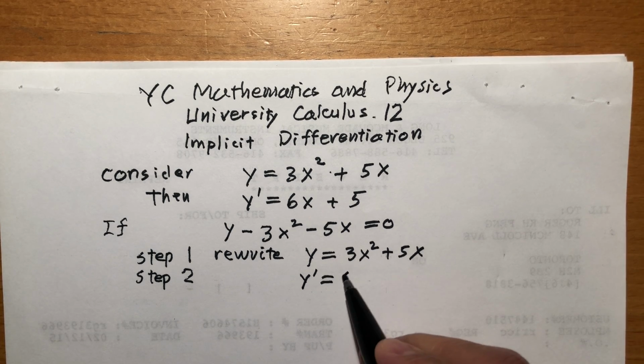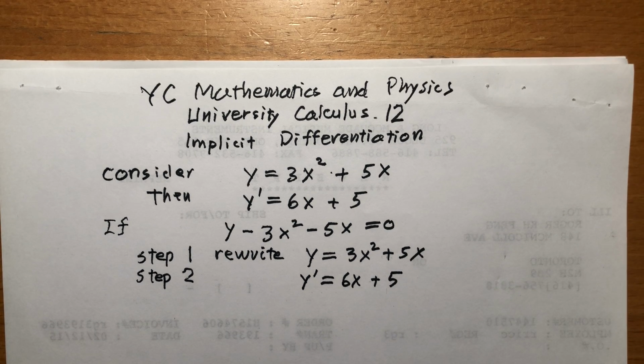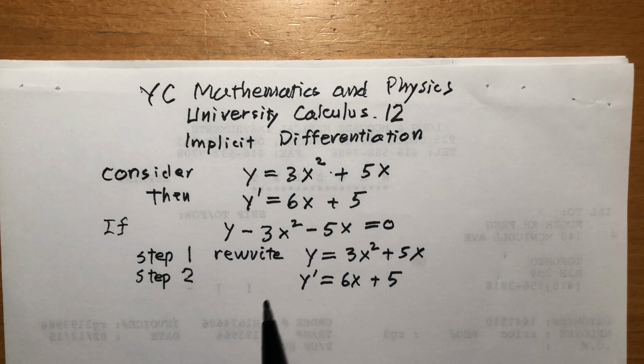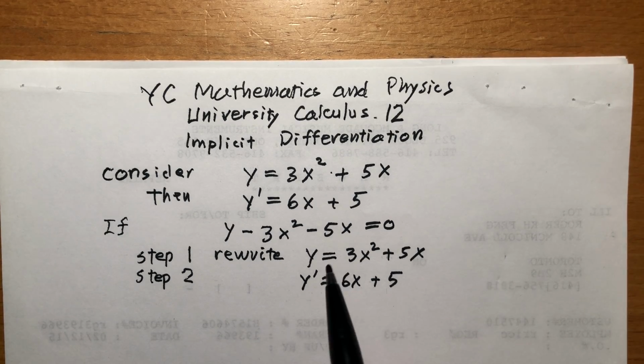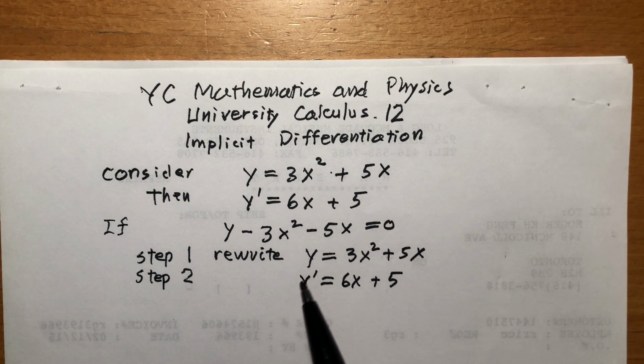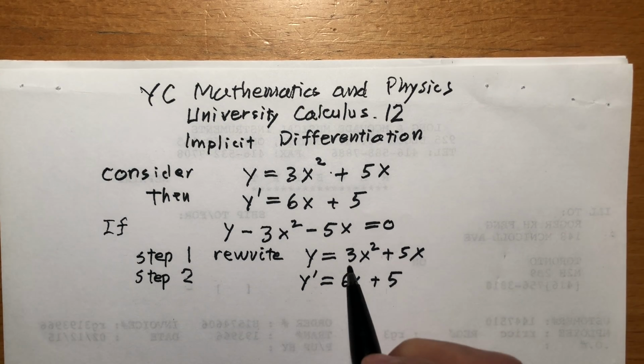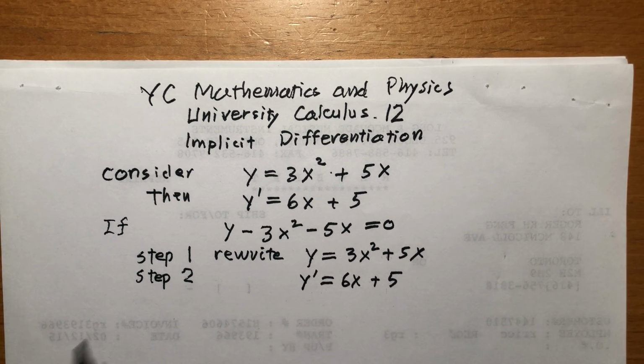So it's 6x plus 5. So the first step is to move the x terms to the right-hand side so that the left-hand side you have only y. But sometimes this is not easy to do.